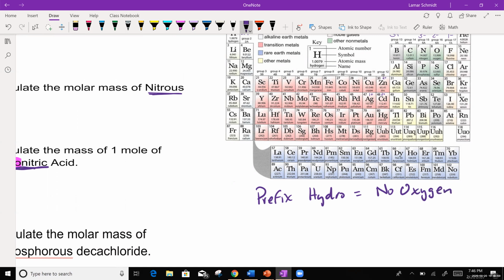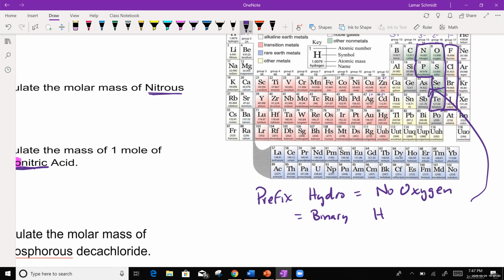It also means that it's binary. It's going to contain hydrogen and then an element from your periodic table, probably one in this region, and no oxygen whatsoever.